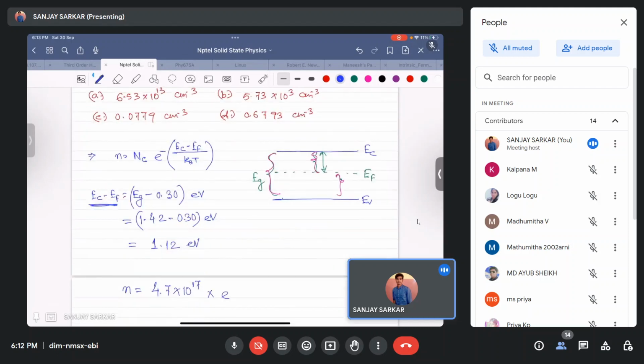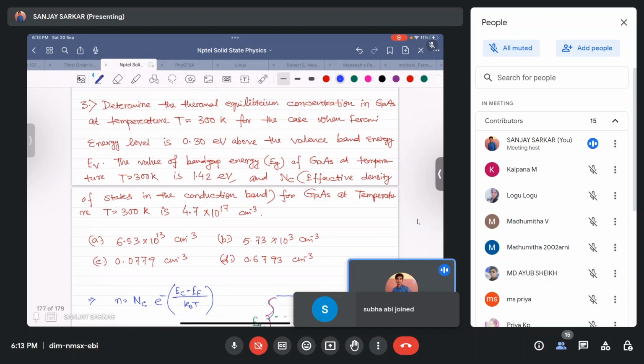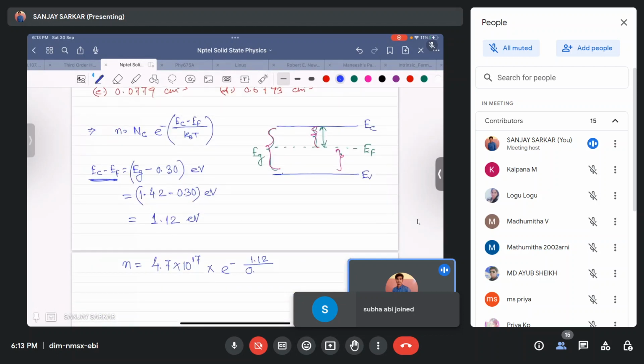Into exponential of minus EC minus EF, which is 1.12, and the temperature is 300 Kelvin, so kBT is 0.026. So let me calculate this: minus of 1.12 divided by 0.026.